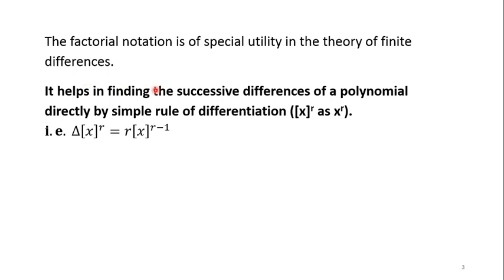It helps in finding the successive differences of a polynomial directly by a simple rule of differentiation. That is, the forward difference of the factorial function x^(r) is r into x^(r minus 1).